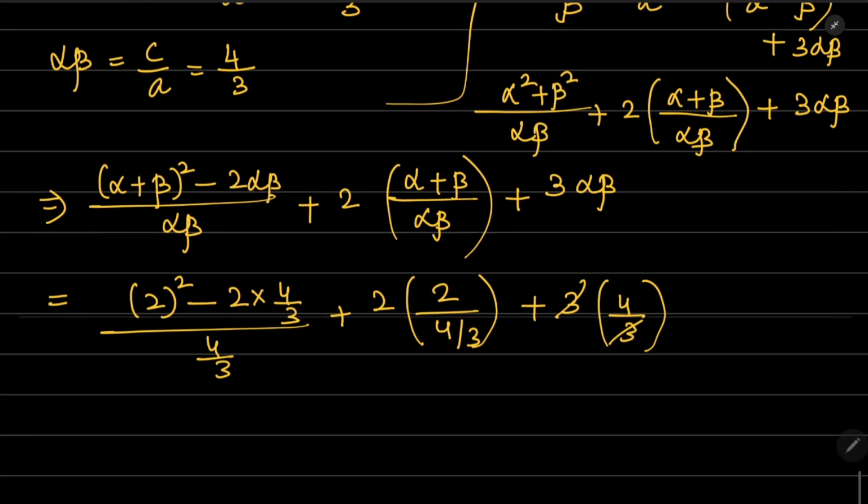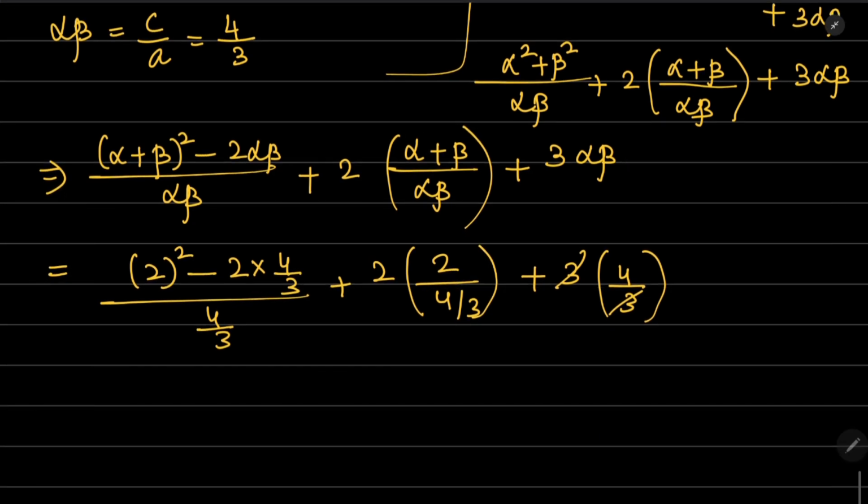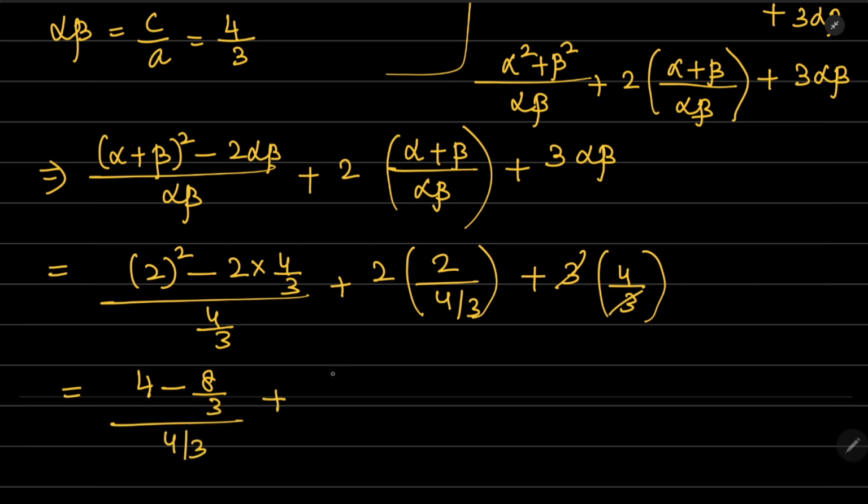Okay, so 3 gets cancelled here. What do you get? 4 minus 8 by 3 whole divided by 4 by 3, plus 4 divided by 4 by 3 plus 4.